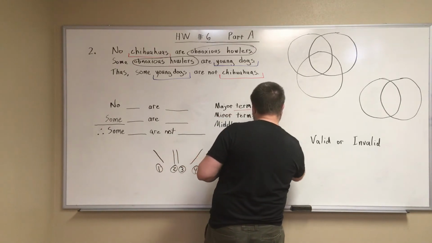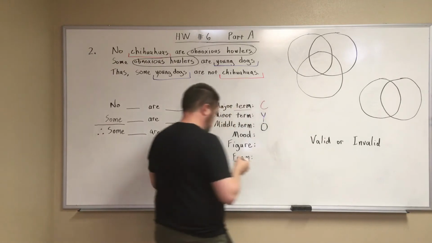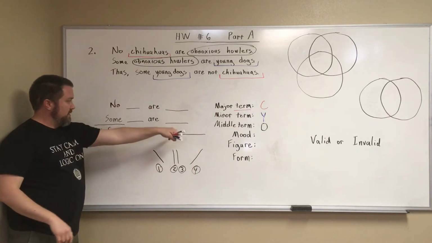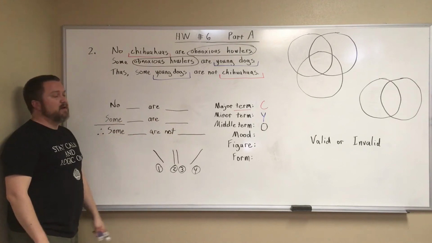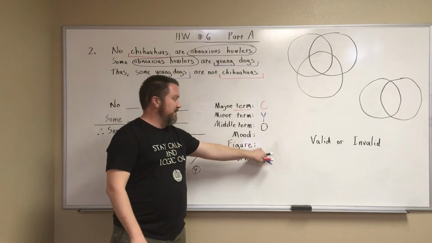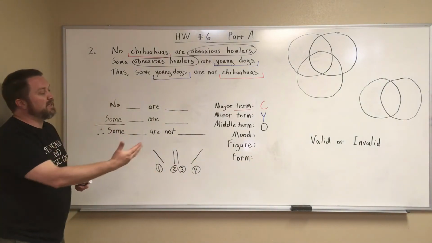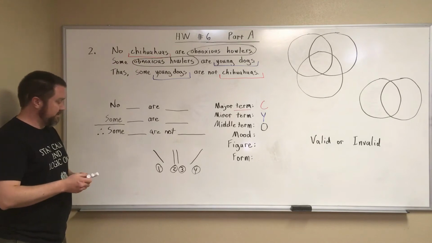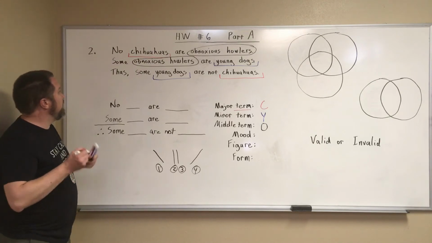We'll just abbreviate that with an O. So we have C, Y, and O. So let's go ahead and fill out this standard form with just the abbreviations, because again, it'll be clearer what our mood and figure and ultimately our form is. So let's go ahead and fill that out.